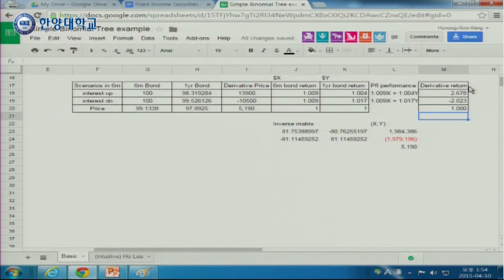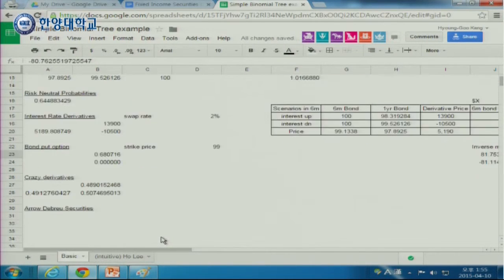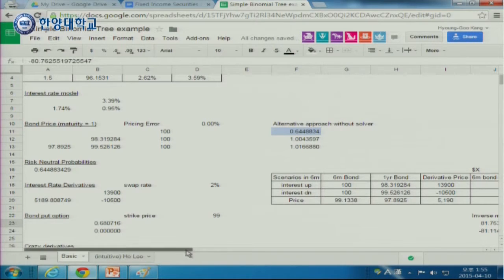First, we invest in short-term bond. We invest in X, right? But then, let's make derivatives more simple. Let's make the derivative a bond option, a bond call option. So the bond strike price is this one.